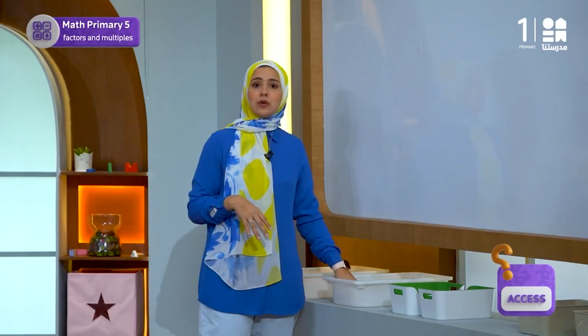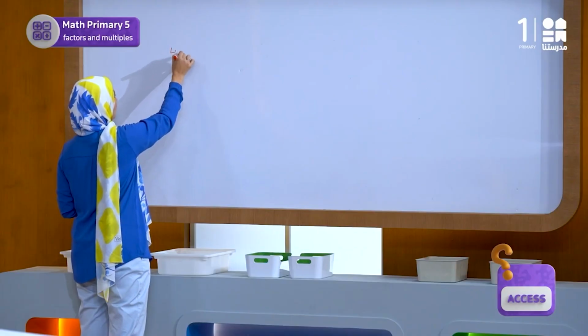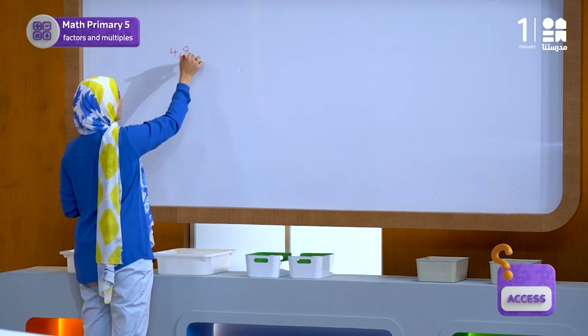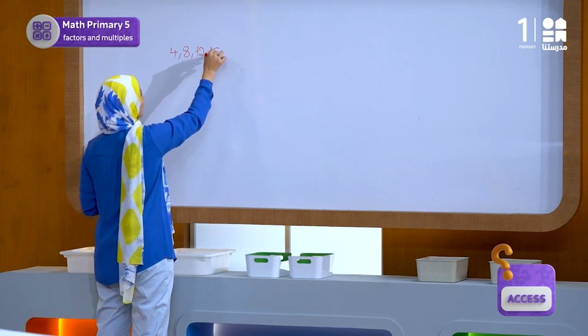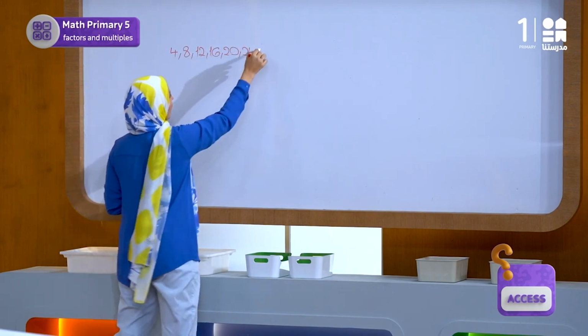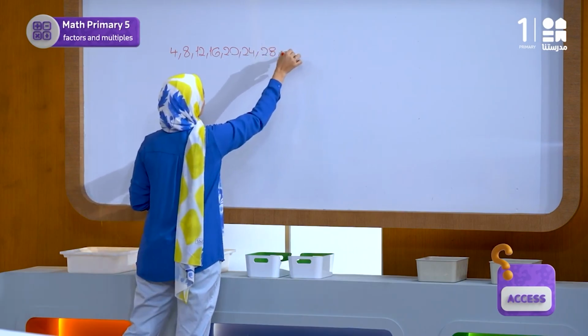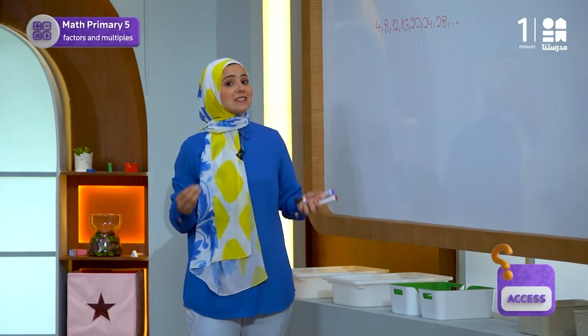So let's start by writing the multiples of 4. We have 4 and 8, then 12, 16, 20, 24, then 28, and so on. In the same exact way, we will find the multiples of 7.